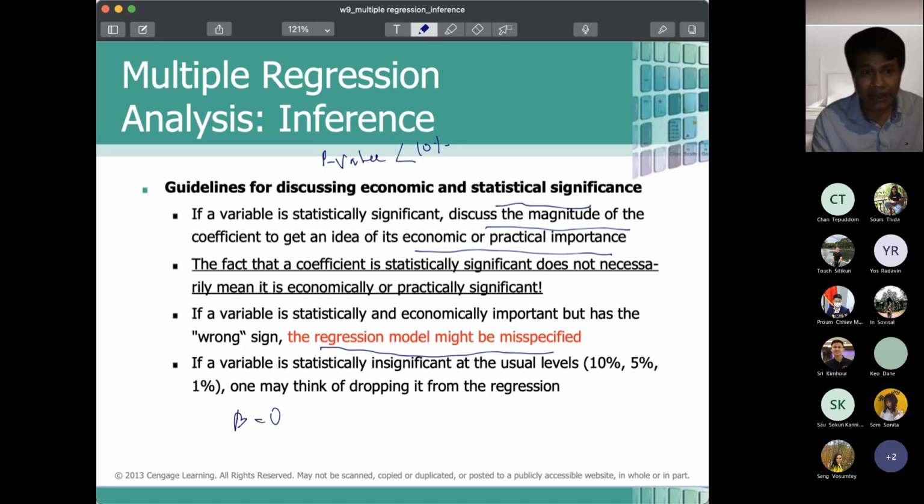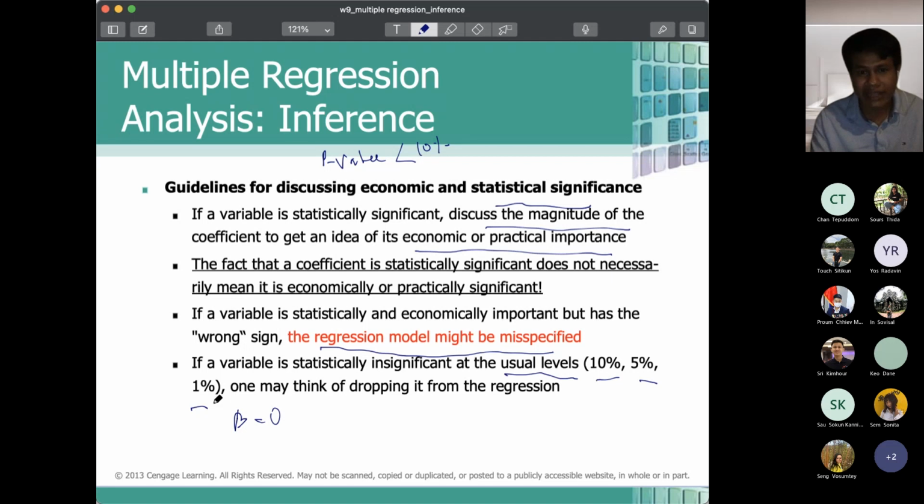So here it may answer the question earlier. If a variable is statistically significant at usual level, so the usual level is 10%, 5%, or 1%. All right, this is the three standard significant level that you should use to compare with p-value.